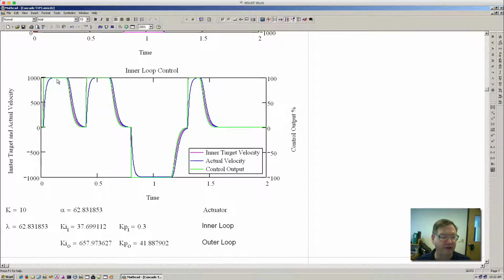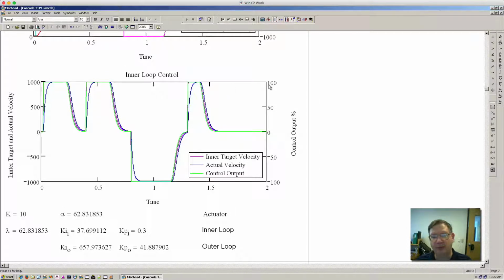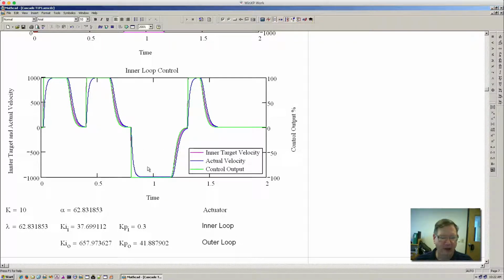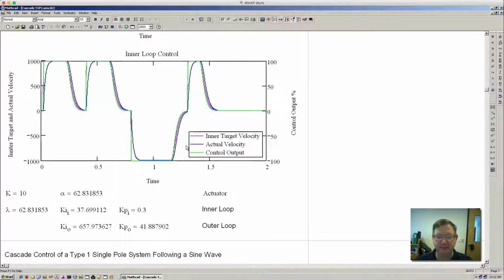The control output limits to plus or minus 100%. Again, I'm doing this on purpose just to check how the integrator winds up and overshoots. You can see the control output saturates, trying to get the inner loop to go to the target velocity, but the response is really pretty good.